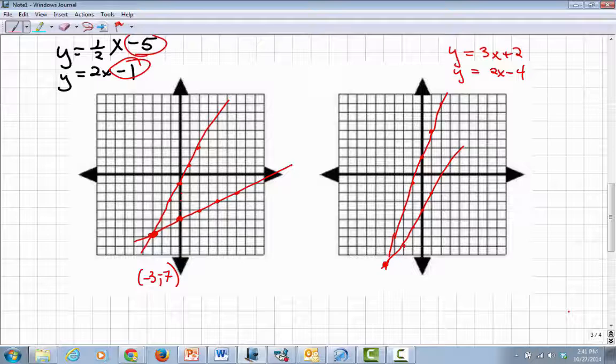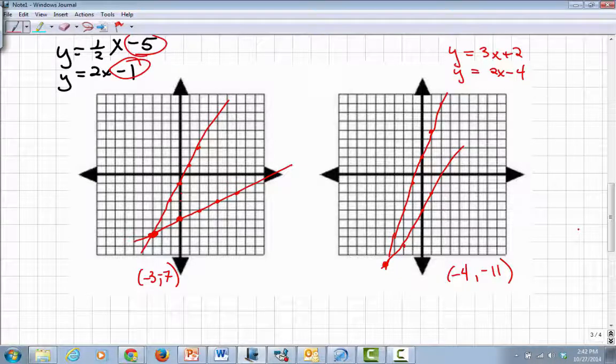Notice how it ran off the chart down here. Okay, so it is actually 1, 2, 3, 4 over. It's a negative 4. And down 11, I think, is what I have.